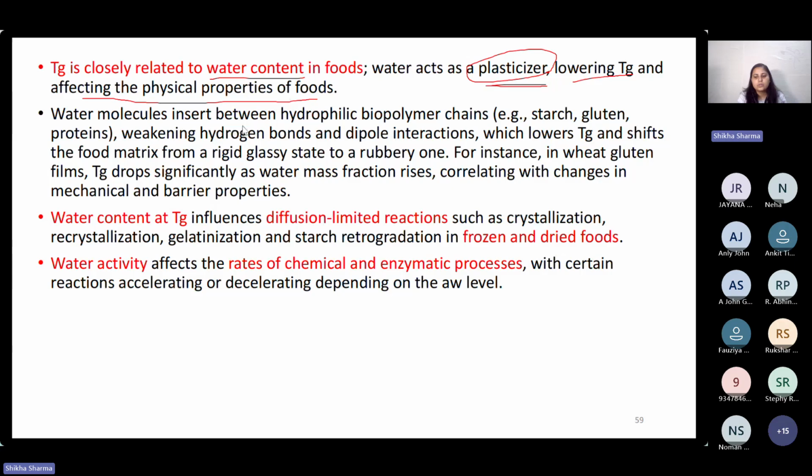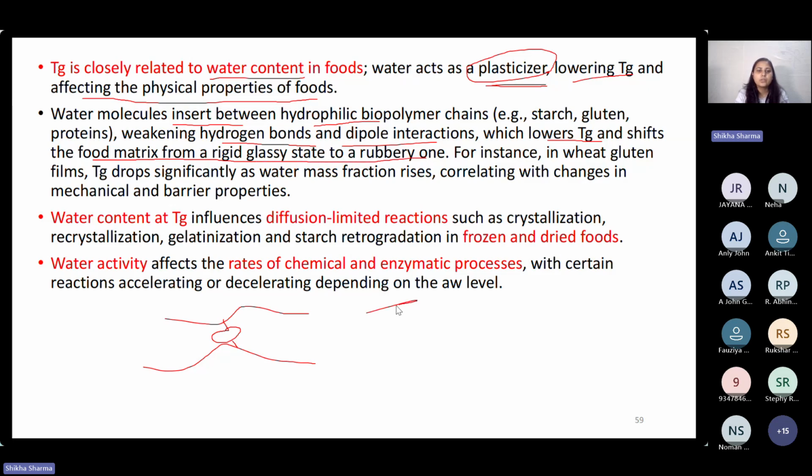Water molecules insert between hydrophilic biopolymeric chains, like the starch chains, amylose and amylopectin, or the gluten or protein chains. So water will go and insert in between these chains. It will weaken hydrogen bonding and dipole interactions, which lowers Tg and shifts the food matrix from a rigid glassy state to a rubbery one.